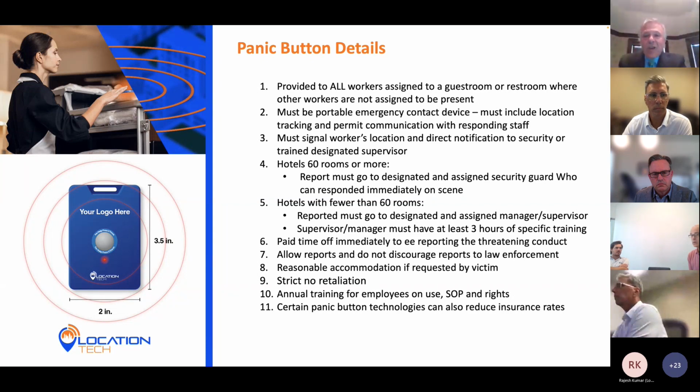So every employee that is assigned to a guest room or a restroom where other workers are not assigned to be present needs to be issued a panic button. And you should think about this broadly.